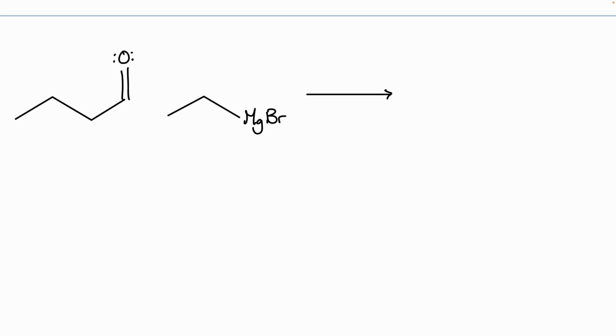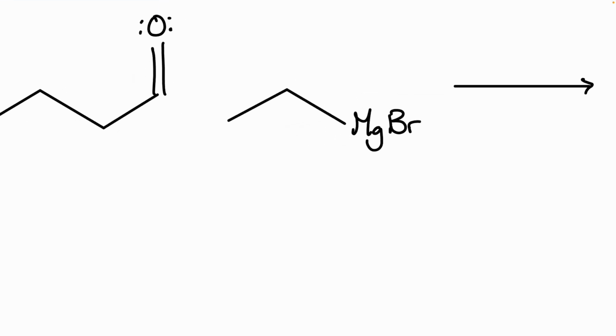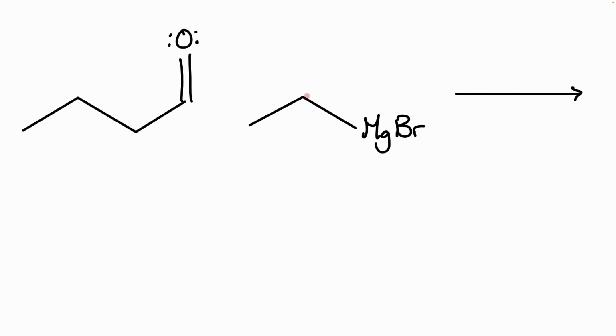What we're going to see is we're going to create a new carbon-carbon bond between our carbon that is bound to that magnesium that has all that electron density and our carbonyl carbon of our aldehyde or ketone. So this is where I'm going to form my new bond.